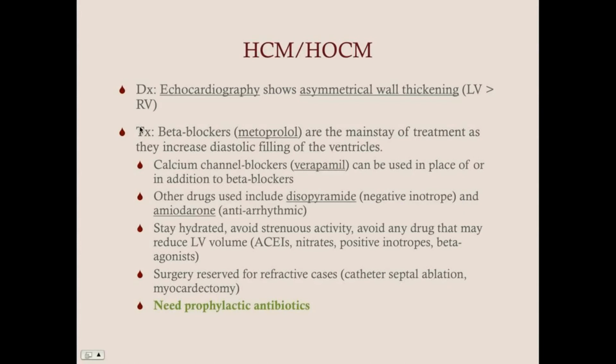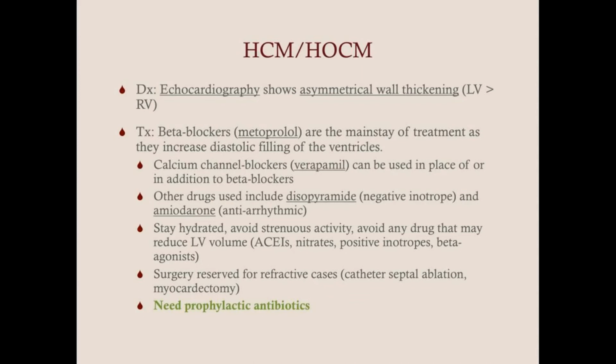What we want to do in both of these is increase ventricular filling time, because what's problematic in both of these is that our ventricles aren't filling enough because the space in our ventricles has been decreased. So beta blockers are good because they reduce the heart rate and they increase the time in diastole. In other words, it increases the time that our ventricles are being filled up.